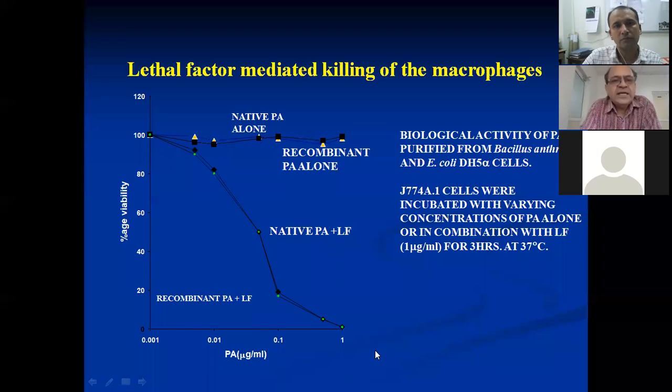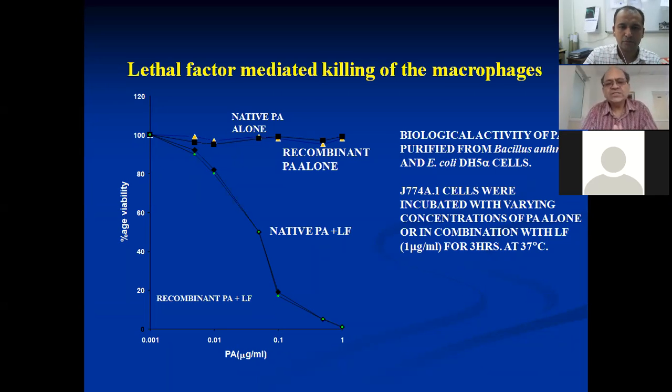And finally, we wanted to check whether protective antigen plus lethal factor is able to kill the cells. As I told you, lethal factor is able to kill the cells. So what we did, we took recombinant protective antigen and we put different amounts of it and added lethal factor and tried to see on a macrophage cell line whether it is able to kill the cells or not.